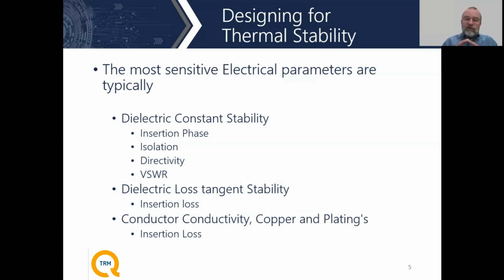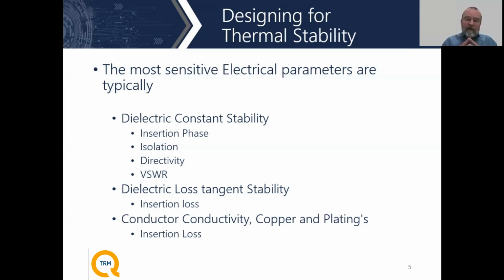This really affects insertion loss, and we see this on passive devices all the time. As the temperature goes up, so does the loss tangent, and therefore the insertion loss gets higher. As the temperature gets colder, loss tangent gets better and insertion loss gets less. If you're looking at a system with differential lengths, that can affect things like amplitude balance as well. So these are undesired effects of temperature.